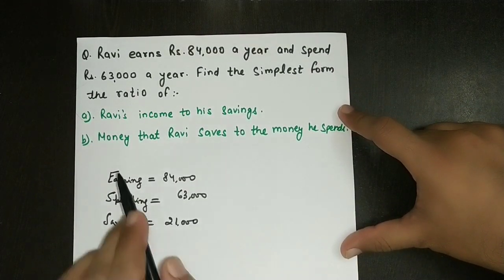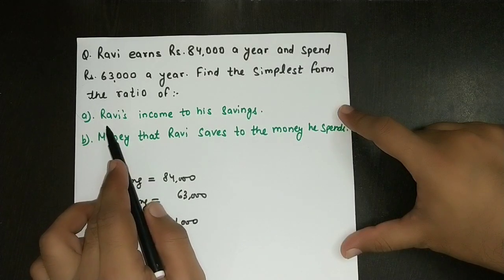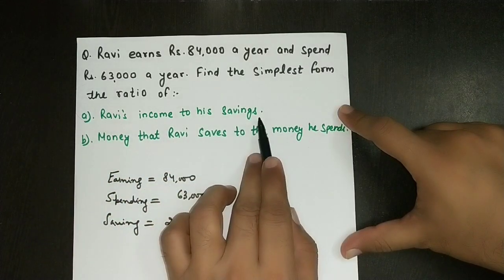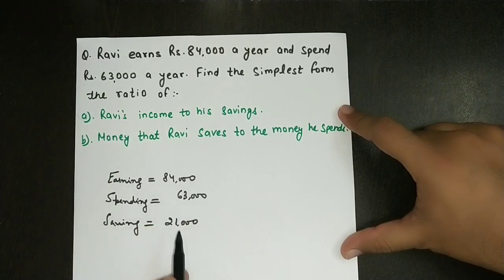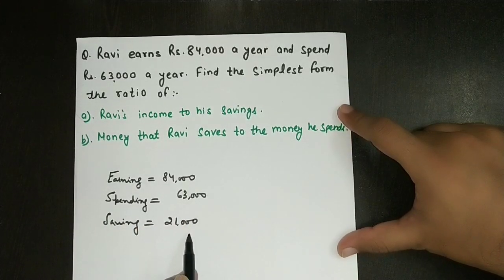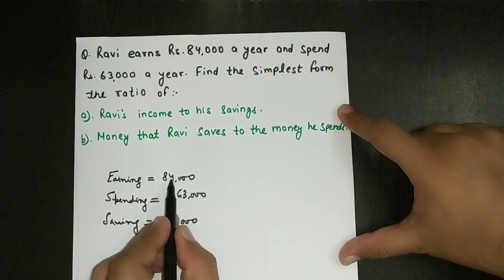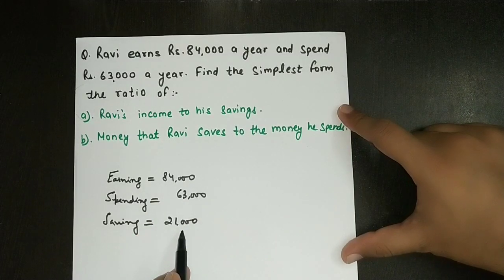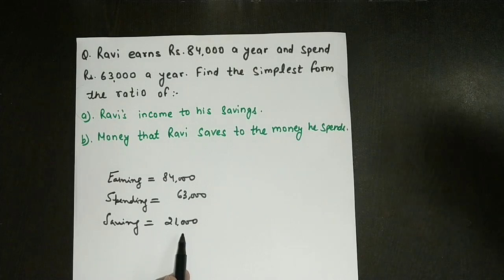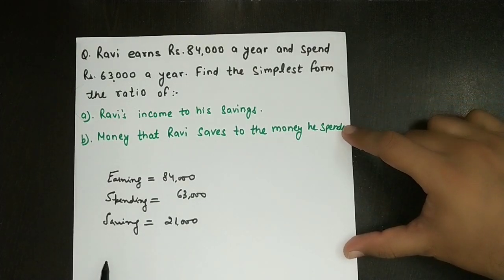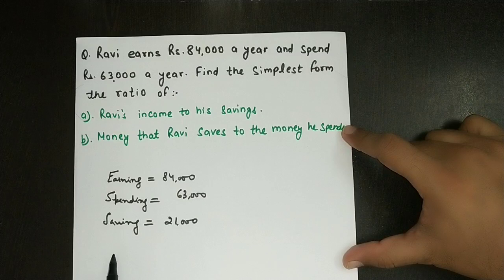Now we have to find the simplest form of the ratio of Ravi's income to his saving. Income to savings, earning divided by saving.